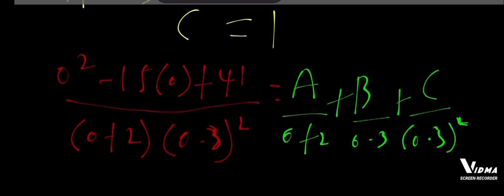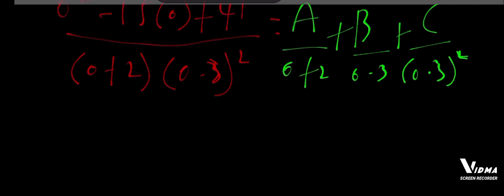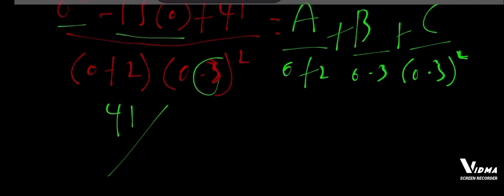Okay, and simplifying it further, we're going to end up with this goes to 0, this goes to 0. So we end up with 41 over, we have 2, this 3 squared will give us 9. 9 times 2 gives us 18. And we know the value for a, right? So our a was 3. So we just have 3 over 2.